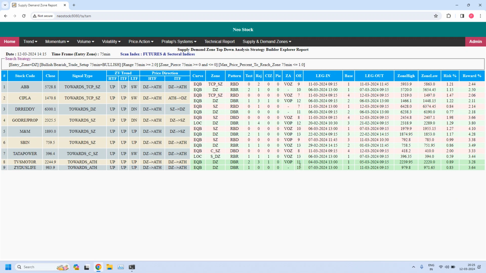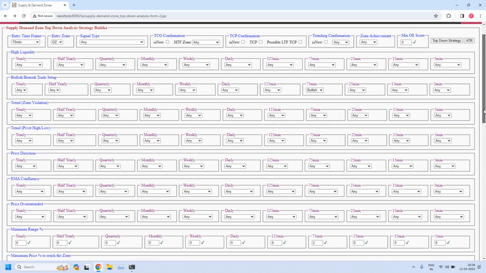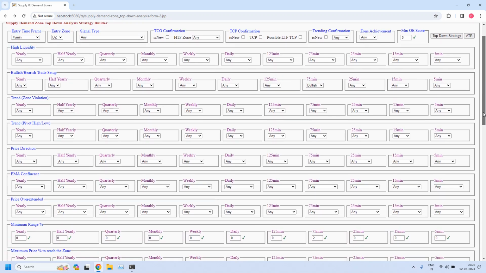But always remember, the odd enhancer score column you should carefully observe. Minimum 12 you make sure. Okay, this is the filtered list. Now let us generate within 2% near to the demand zone, the final list in this report.